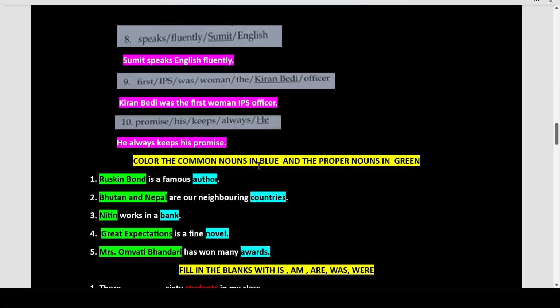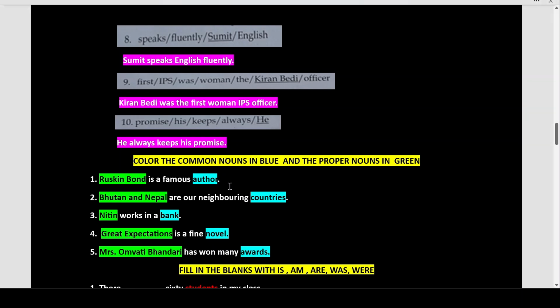Now, color the common nouns in blue and the proper nouns in green. Now, nouns, as we know, are of two kinds, proper nouns and common nouns. Common nouns are all your name, place, animal, thing, or anything. But if the name of a place is mentioned, the name of an animal is mentioned, or the name of a thing is mentioned, then we use it as a proper noun.